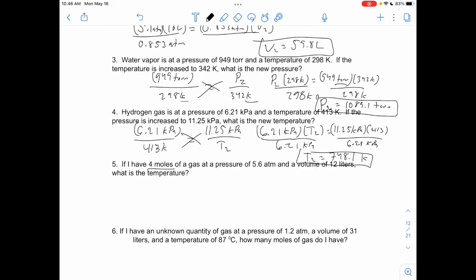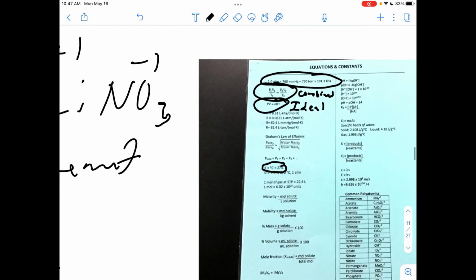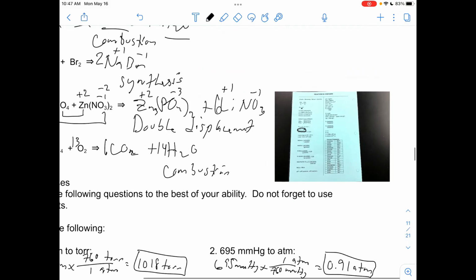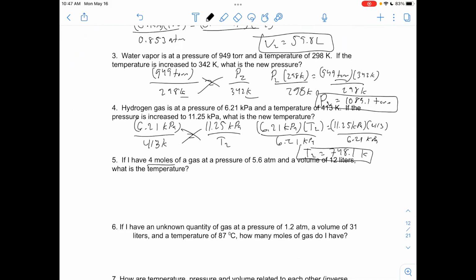Okay. Notice this next one has moles. That means that we have to use the other equation, the ideal gas law. Notice that the ideal gas law has n, and n stands for moles. So we're going to be using that. Let me write out the equation, PV equals nRT.